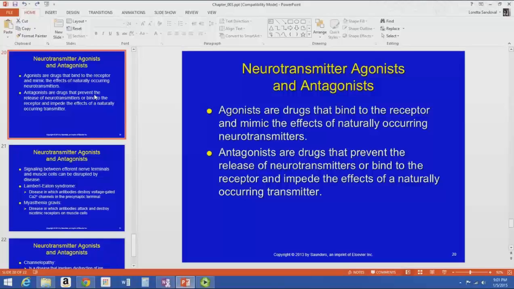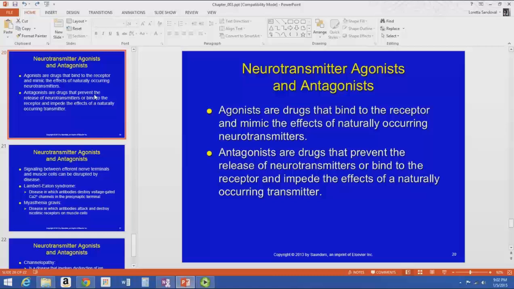So a really good example of this is carbidopa and levodopa, which goes under the brand name Sinemet, that is used to treat Parkinson's. It mimics the effects of naturally occurring dopamine in the brain, and that is what is missing in Parkinson's. The cells that create dopamine are dying off, and that's what creates your motor effects. Okay, so that's an agonist drug. It's one that mimics the effects of the naturally occurring neurotransmitter.